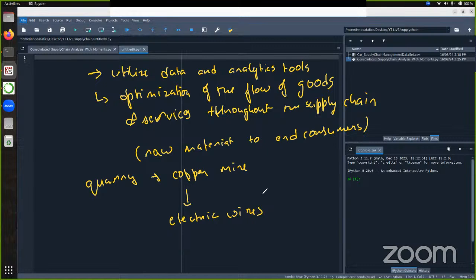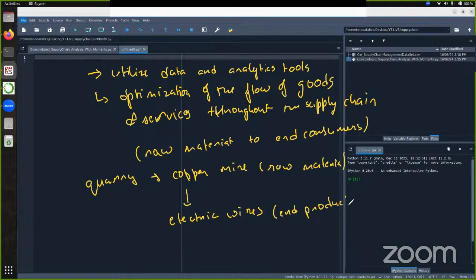Supply chain analytics will help us focus on enhanced decision-making processes and leveraging data to improve our efficiency, reduce cost, and increase customer satisfaction. It deals with all the steps involved from when something is a raw material to when it is taken as an end product.